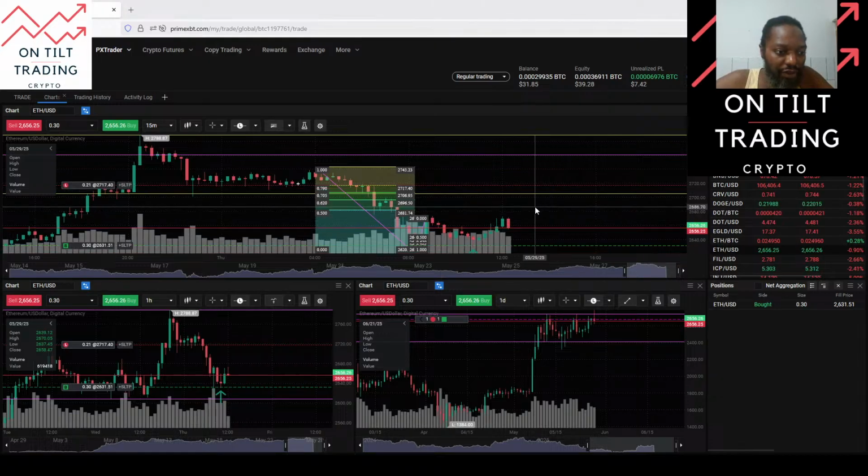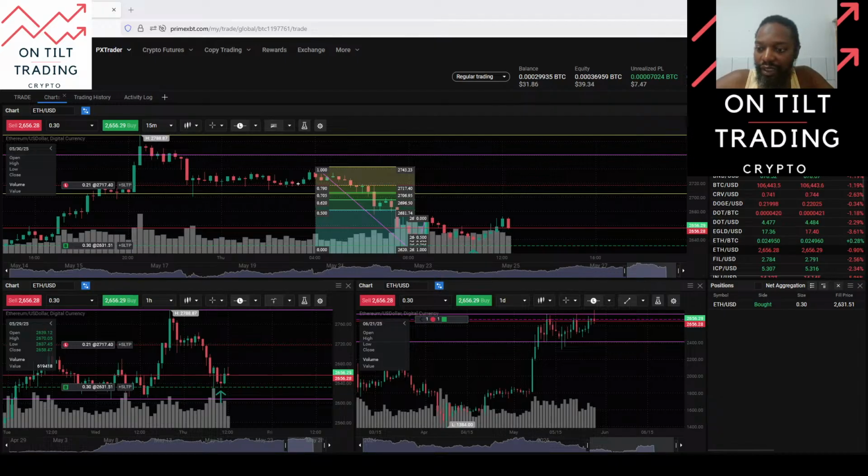But this is what I'm looking at today, this morning, and you can see here on Ethereum quite a lot of consolidation this morning. So I would anticipate any potential sellers would be waiting in this area. So if price were to come back in, they'd be looking to potentially short it here.